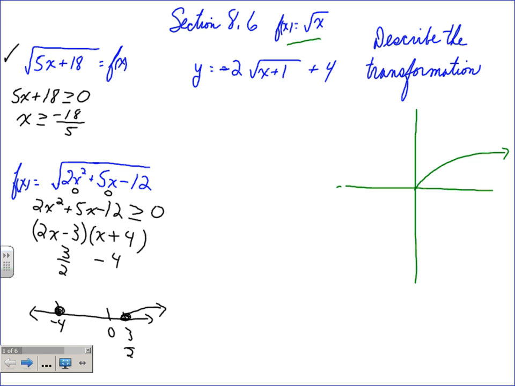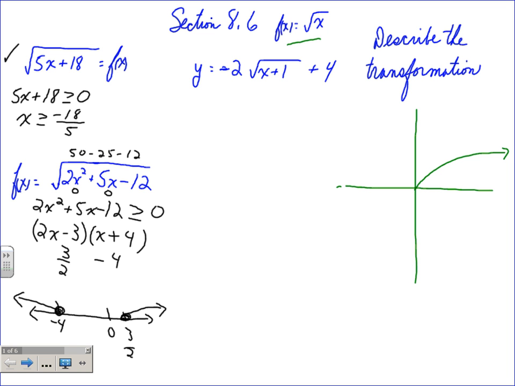So you'll find that x has to be greater than 3 halves, or, and so that's a disjunction, x has to be less than negative 4. Are you unsure about this one? X is less than negative 4? Put in negative 5. Negative 5 squared is 25. 2 times 25 is 50. 5 times negative 5 is negative 25, and then minus 12.